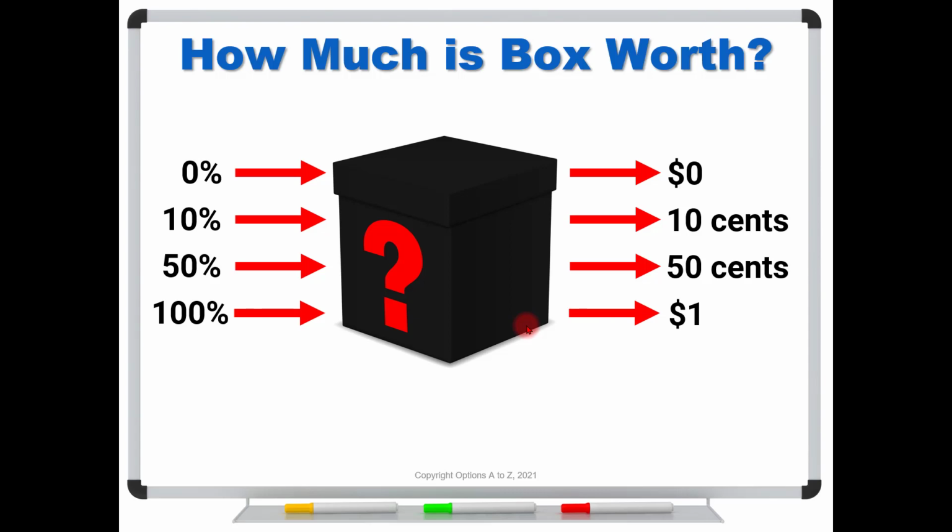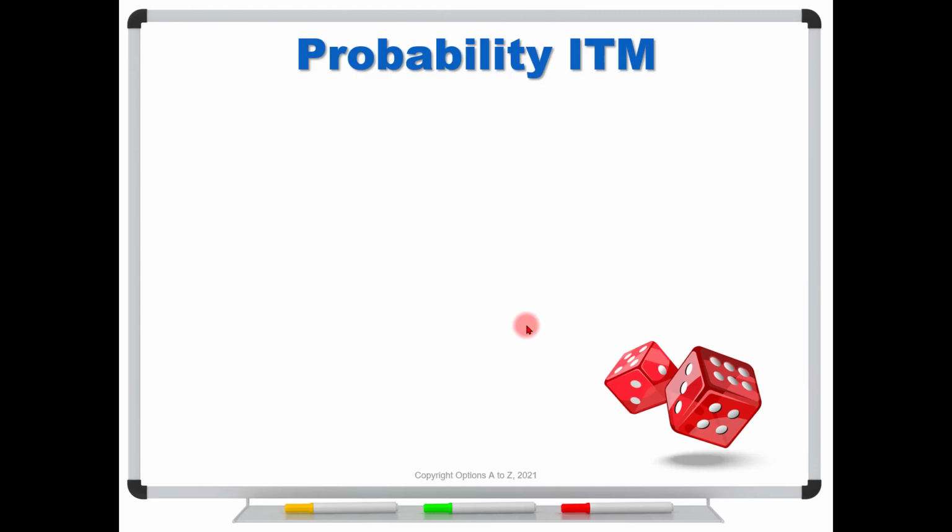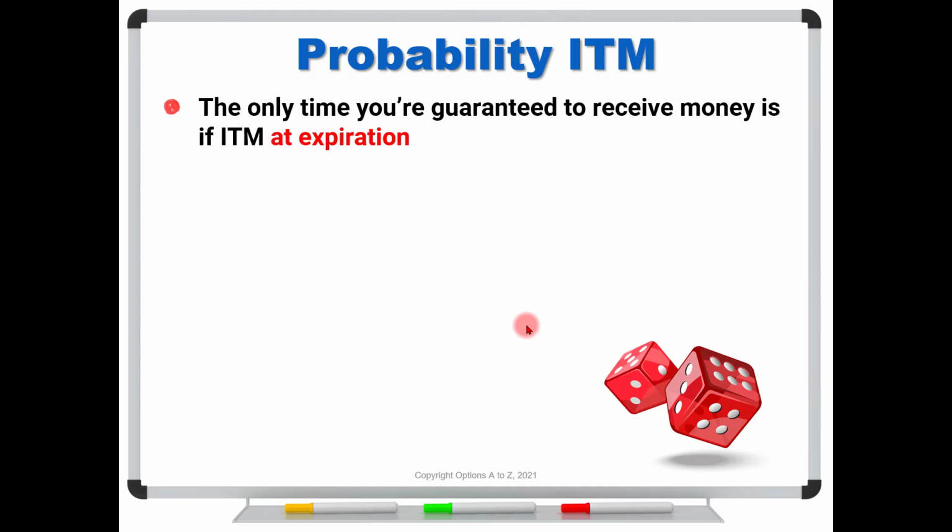Well, options are behaving exactly like this for exactly the same reasons. So once again, it's pretty easy to understand the concept of delta if you associate it with the probability of your option being in the money at expiration. Why? Because the only time you're guaranteed to receive money from an option is under two conditions.